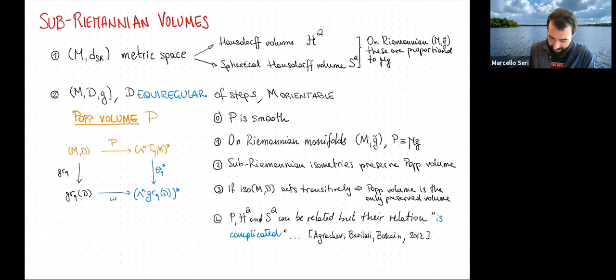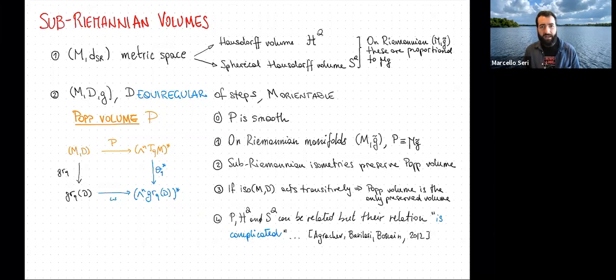But at least Popp is smooth, so we can use it to define the Laplace-Beltrami operator. We have a smooth volume that can be written explicitly, that is not too bad, and that corresponds to the Riemannian volume if you are on a Riemannian manifold, so if your distribution is the tangent bundle. Other thing: if you define sub-Riemannian isometries, they preserve the Popp volume. So it behaves nicely with isometries.